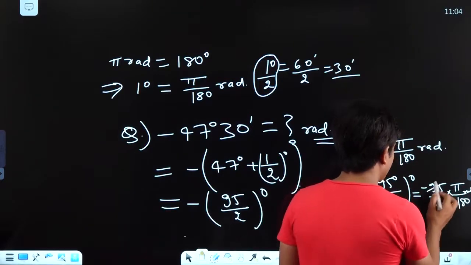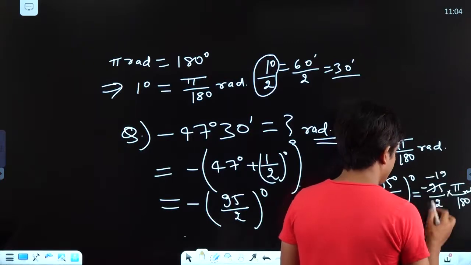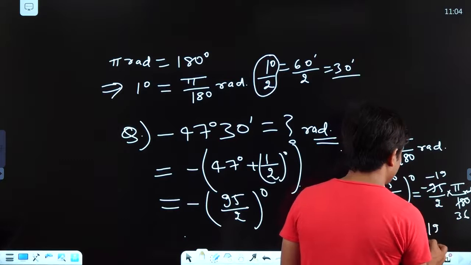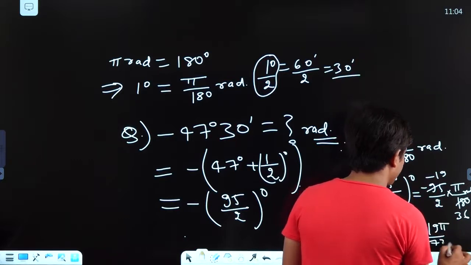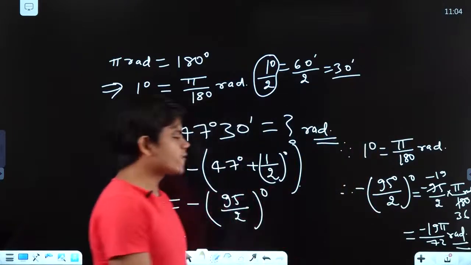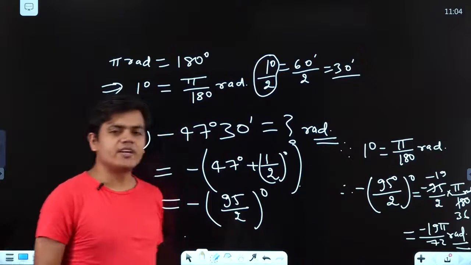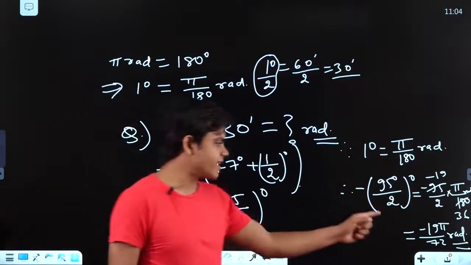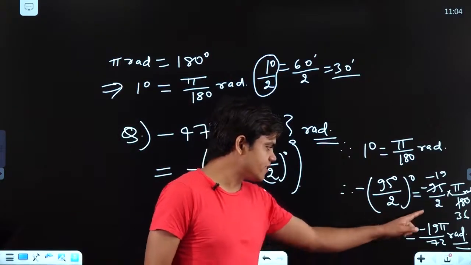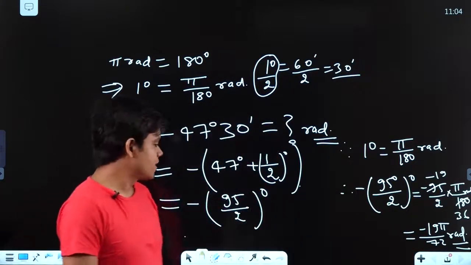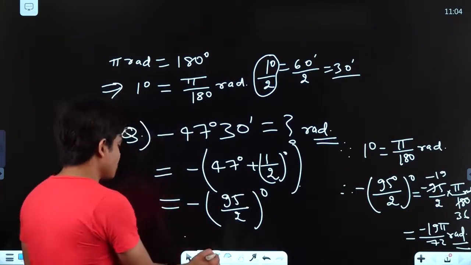So what will happen? Minus 19, 5 and 36. So it will be minus 19 pi by 72 radian. Okay. So the sense of the angle is negative, clockwise, but in the radian measure it will be minus 19 pi by 72 radian. All right. So now some more questions.